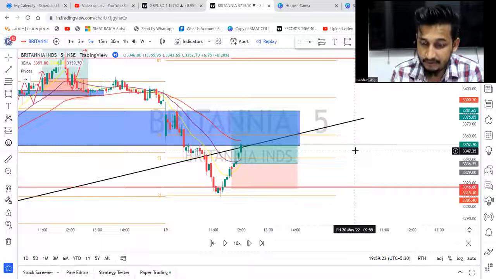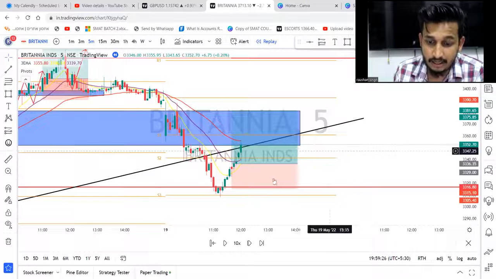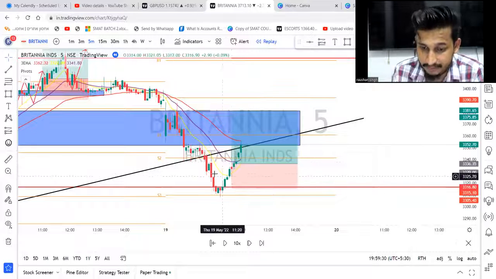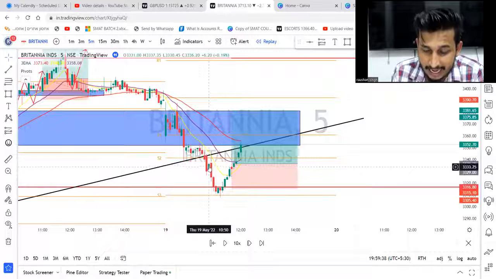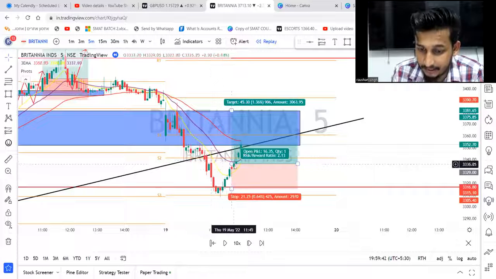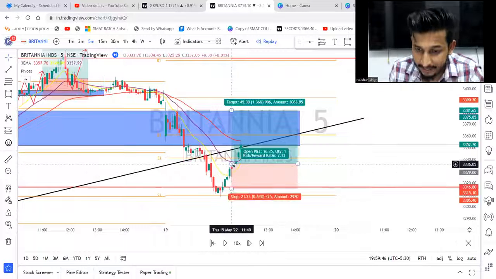Whenever we are going for a trade where price action is showing me entry, if EMA is not in favor, I will always go around the 10 or 20 EMA. Means I cannot go for the buy side if the prices are below 20 EMA. Means I cannot go for the trade at this point of time when the prices are below 12 EMA. I should always go above 12 EMA or 24 EMA.